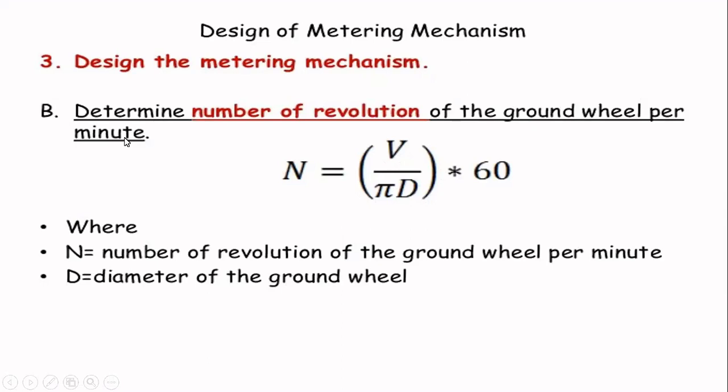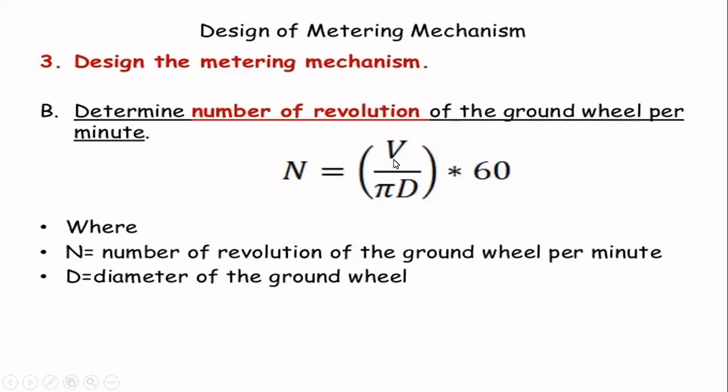Minute, number of revolutions per minute. Sometimes the number of revolutions is given per second or hour, so you divide or multiply by 60 depending on the given parameter. Suppose the velocity is in meters per second and you want revolutions per minute: velocity in seconds multiplied by 60 gives minutes.